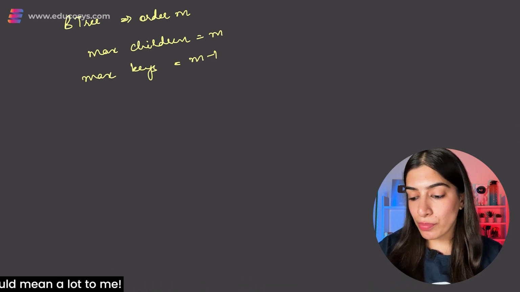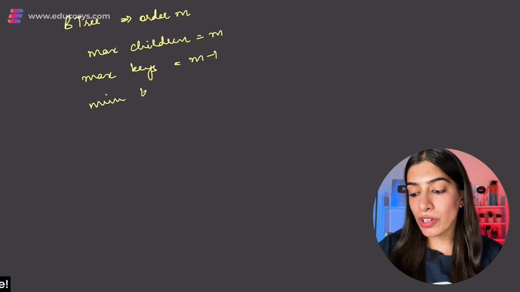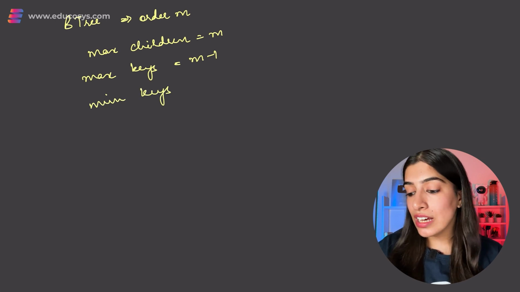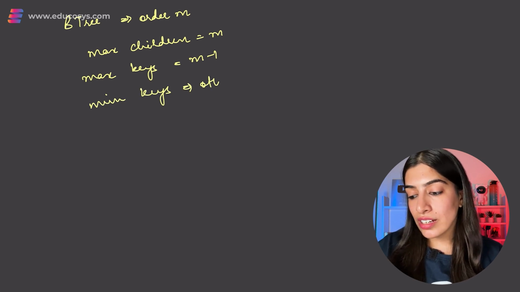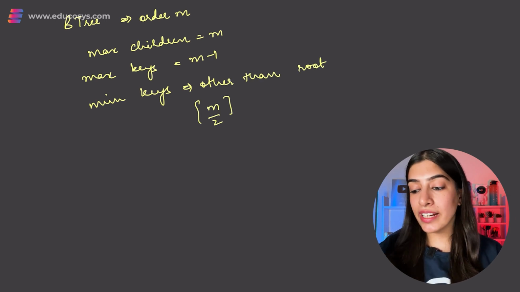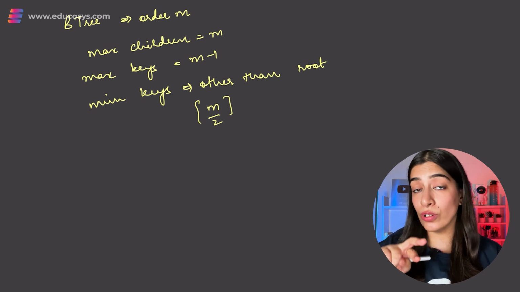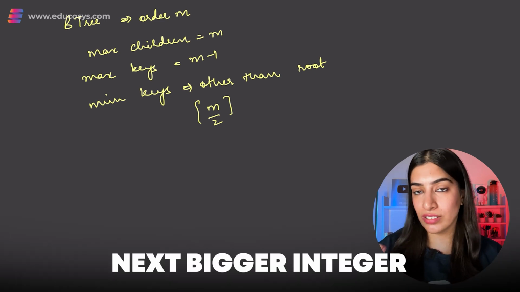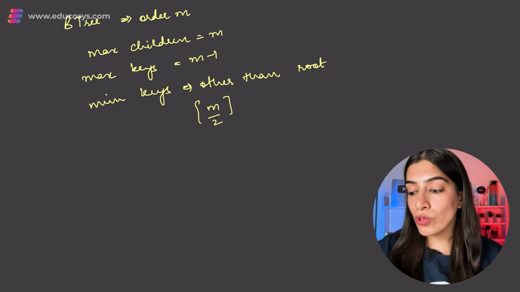Similarly, the B-tree property says that the minimum number of keys that any node other than the root should have is the ceiling of m by 2. That means you take m by 2 and round off to the next bigger integer. That is what taking the ceiling means. Now root is an exception.